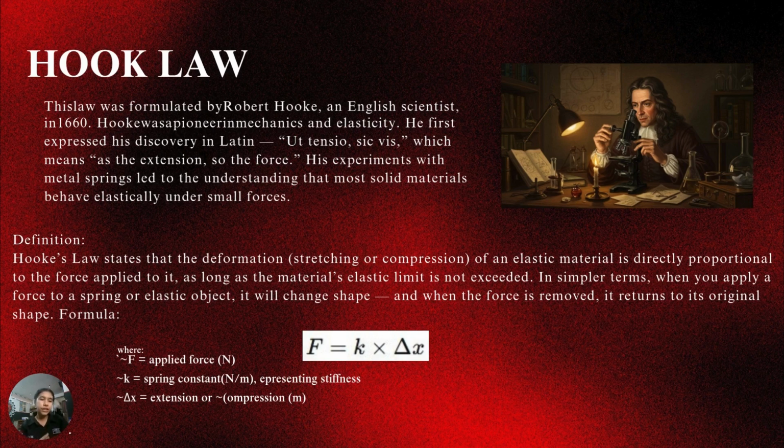The definition of Hooke's law is that the deformation, stretching or compressing, of an elastic material is directly proportional to the force applied to it, as long as the material's elastic limit is not exceeded. In simpler terms, when you apply a force to a spring or elastic object, it will change shape, and when the force is removed, it returns to its original shape.